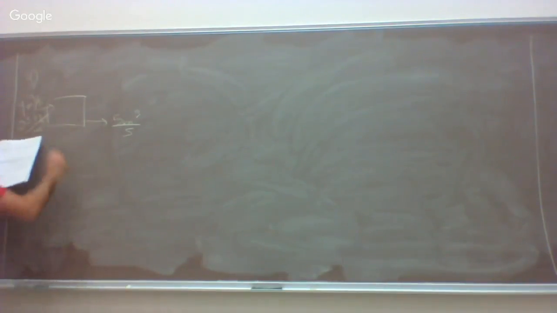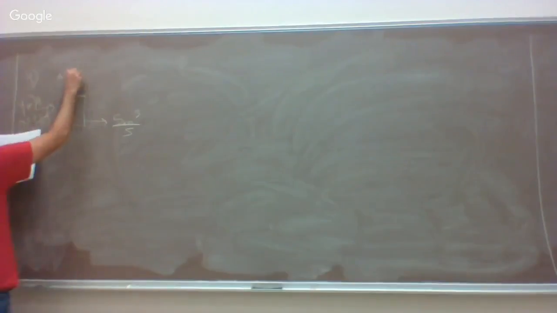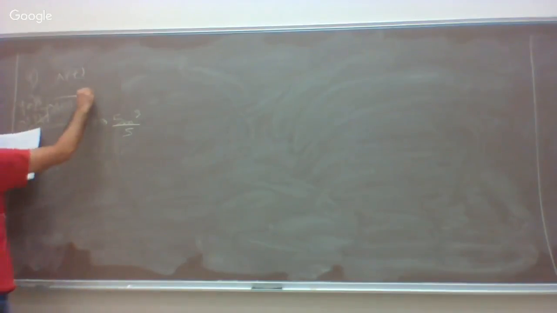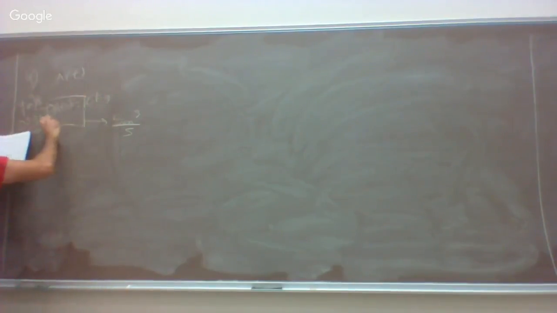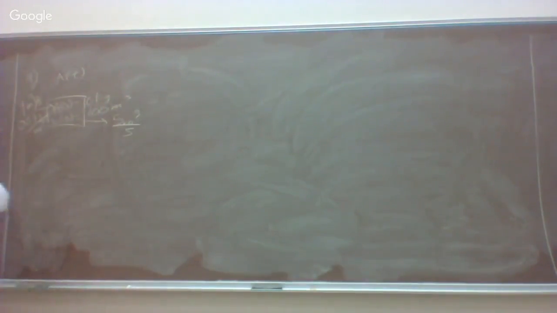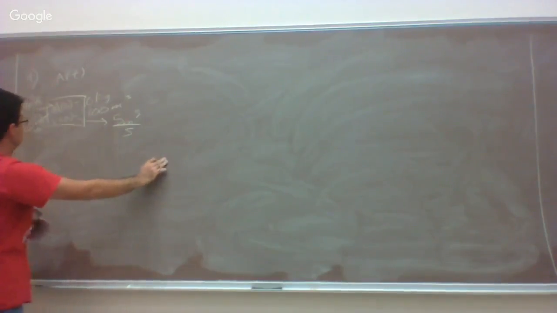We have to find A of t. My initial A of 0 is equal to 10 kilograms. My initial volume is equal to 100 meters cubed. So essentially, a solution is flowing in and flowing out.